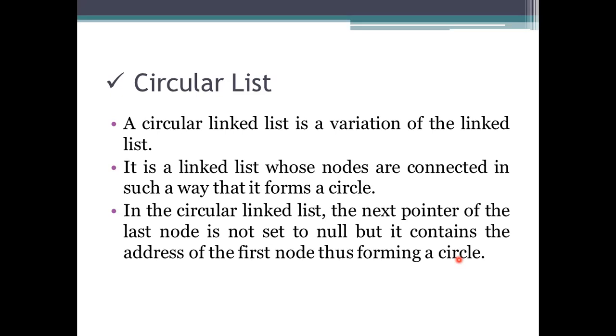Traversing or insertion of the data has to be considered. While inserting or accessing the data in a single linked list, we need to start from the head node, traverse from there, and then insert.